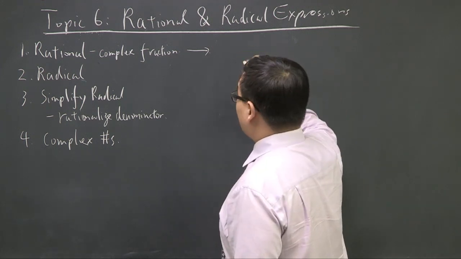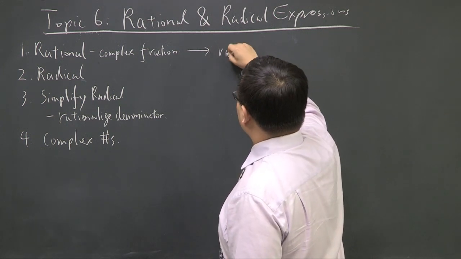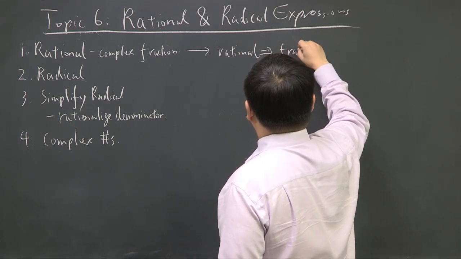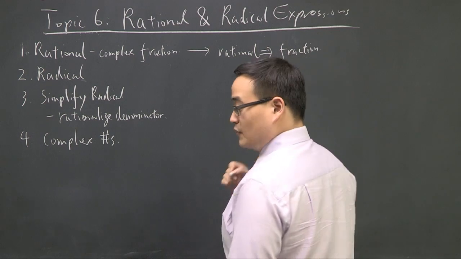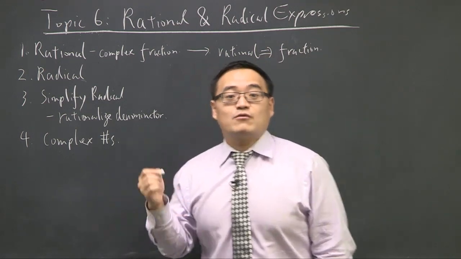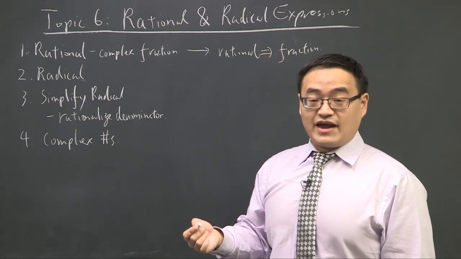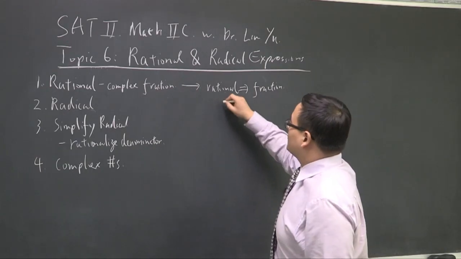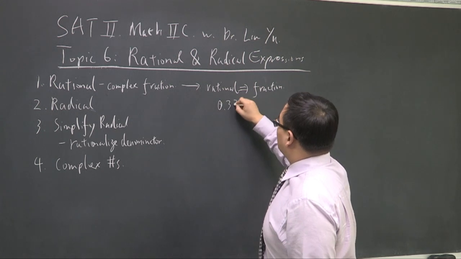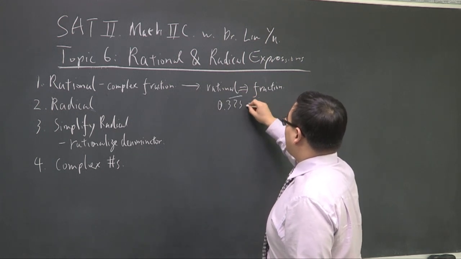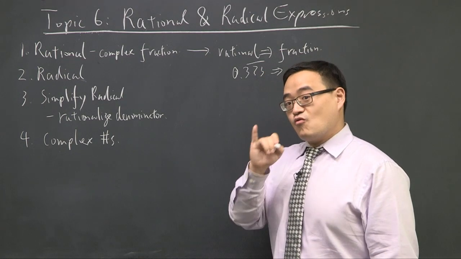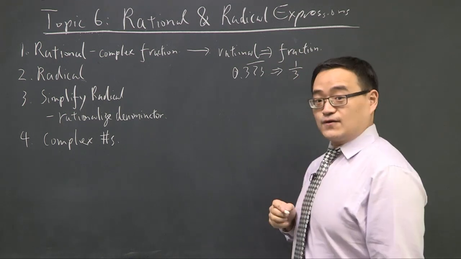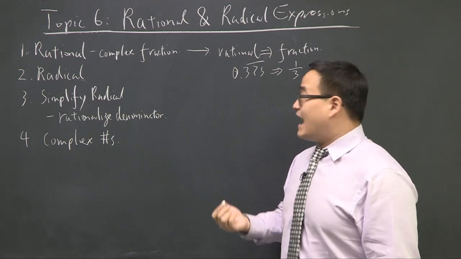A very important definition: something that's rational means it can be converted into a fraction. That's all we mean by rational. A rational number is a number that can be converted into a fraction. For instance, 0.333 repeating is a rational number, because it equals 1/3.